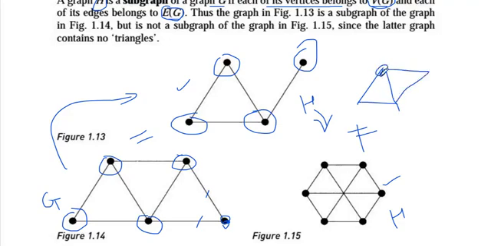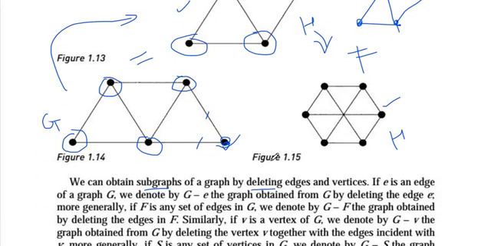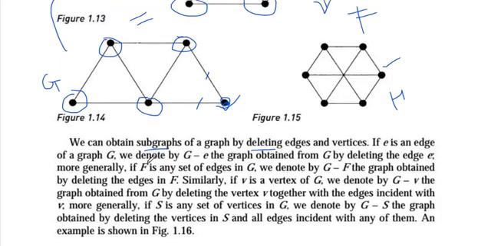This is vertex, vertex, and vertex. I have deleted one vertex and 2 edges. This is also a subgraph. So we can obtain a subgraph of any graph by deleting edges and vertices.